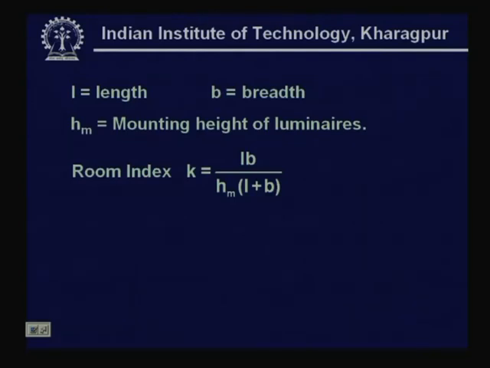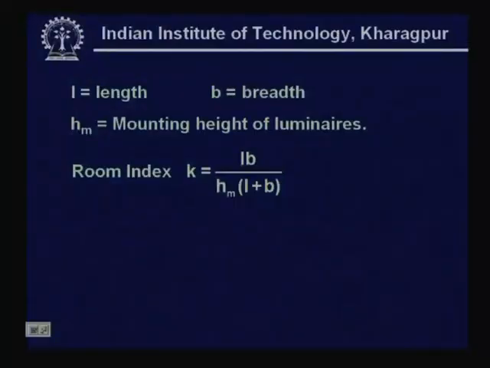As I told you, these days for most interior lighting, the mounting height would be the same as the ceiling height or the height of the false ceiling, because they are not such high buildings. The ceiling height is quite small these days. So, the room index, as can be seen, is the product of the area, length into breadth, and depends on the mounting height.